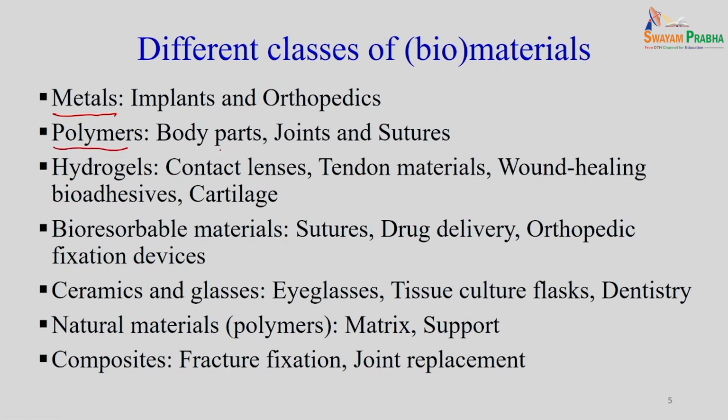They are used as different body parts, different joints, or even sutures. So, these are the applications of the polymers. What property we expect from the implant, the same property we cannot expect from, particularly, say, the sutures. So, let us compare these two cases.